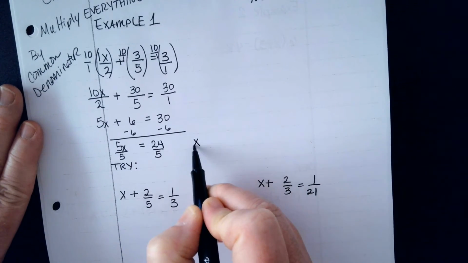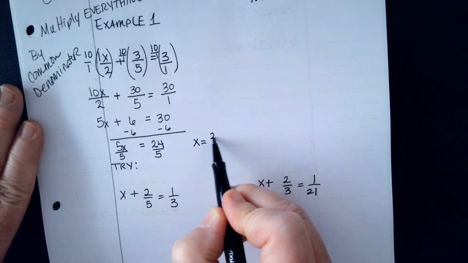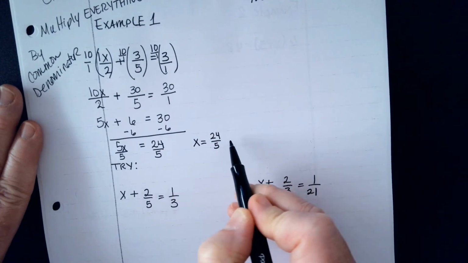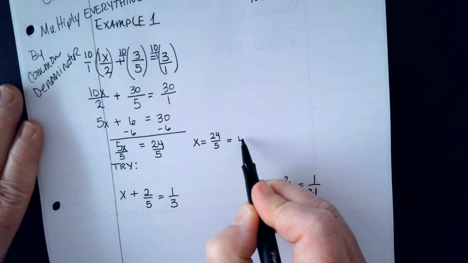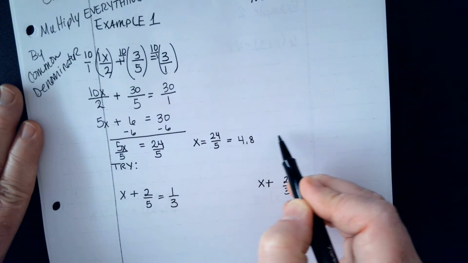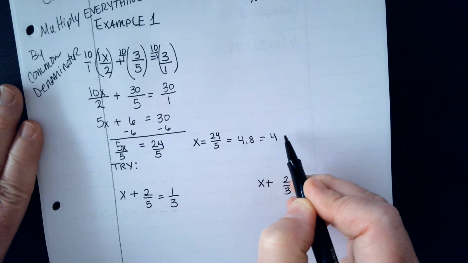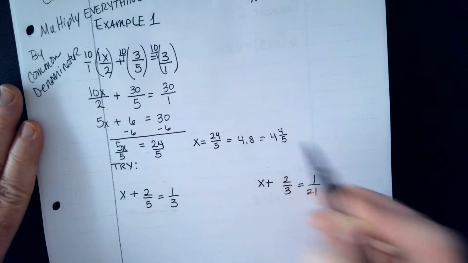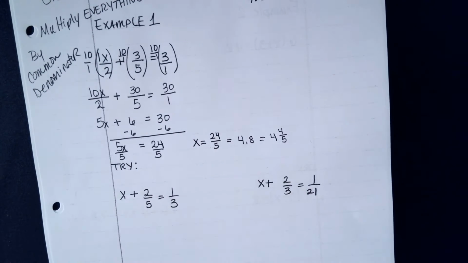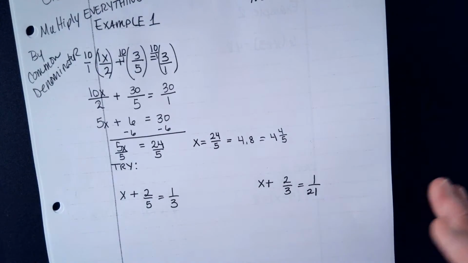And you're going to get a decimal for an answer, or you could leave it 24 over 5. You could get 4.8. You could get 4 4/5. Any of those. Doesn't matter to me. Any of those will work.